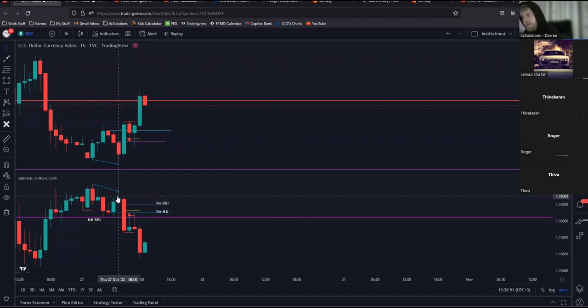On the 1 hour, 1 minute also, it's showing the same story now. So this is a 1 hour breaker or 1 hour mitigation. That means if you are doing it from a 1 hour, you're going to go down to a lower time frame and look for SMT because the breaker is on a 1 hour. The same rule would apply if it was a 4 hour.